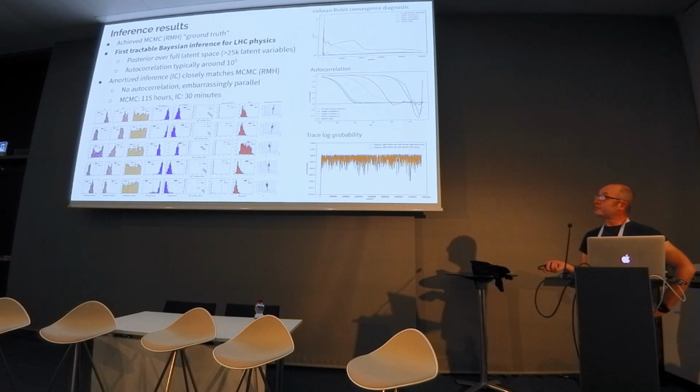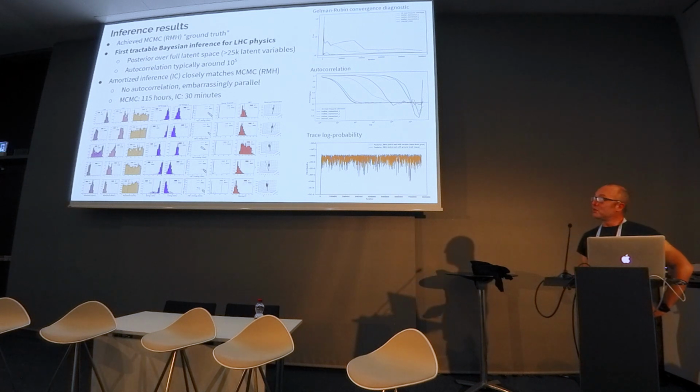In the paper, we have some posterior results. We achieved the first tractable Bayesian inference over LHC physics expressed in this type of latent space. MCMC had terrible autocorrelation; a typical autocorrelation time is in the 10,000 iterations.